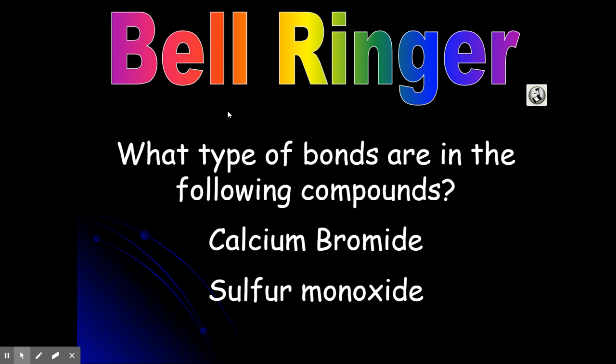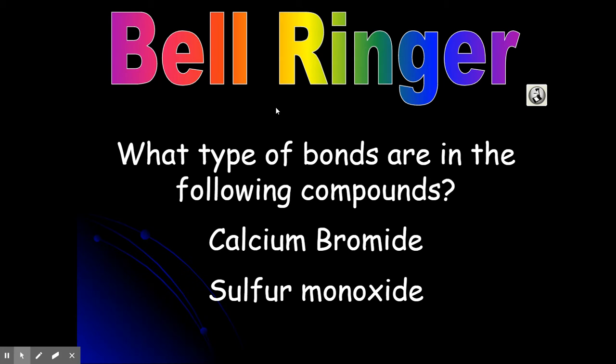If it has two elements, so it's a binary compound like these two compounds are, all right, you do the electronegativity difference. So you have to look up the electronegativities of calcium and bromine, and in this case, sulfur and oxygen. You find those on table S. I'm flipping for table S right now because I don't remember the electronegativities. So calcium's electronegativity, when you look it up, is 1.